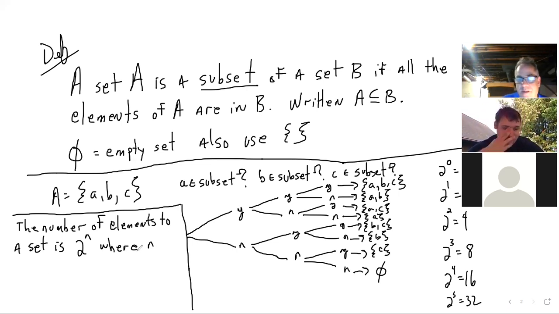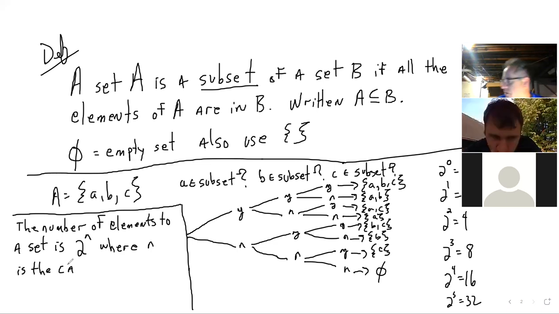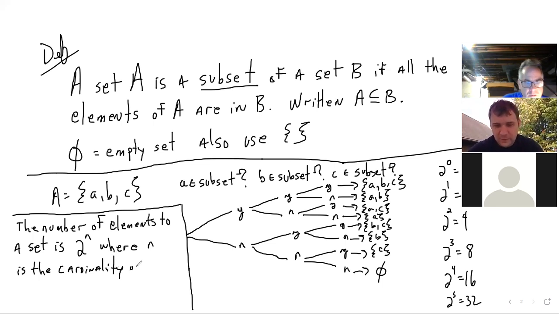So I'm going to write this out as where n is the cardinality of the set. Again, remember, cardinality just simply means the number of elements in the set. It's just a big fancy word for that.